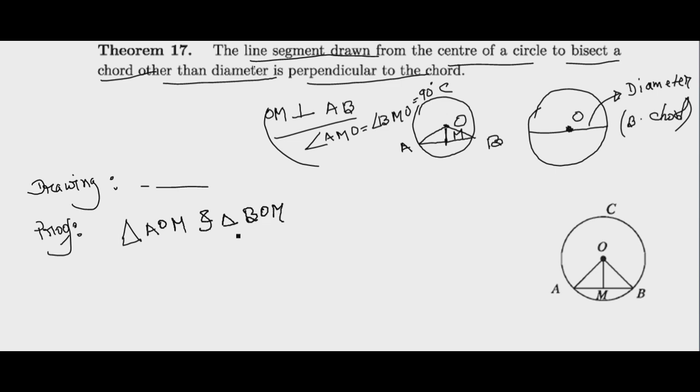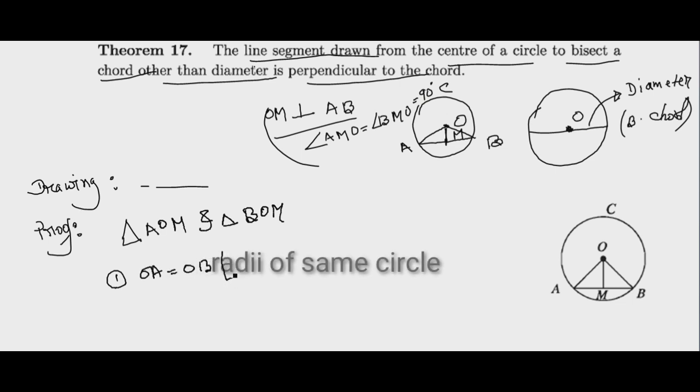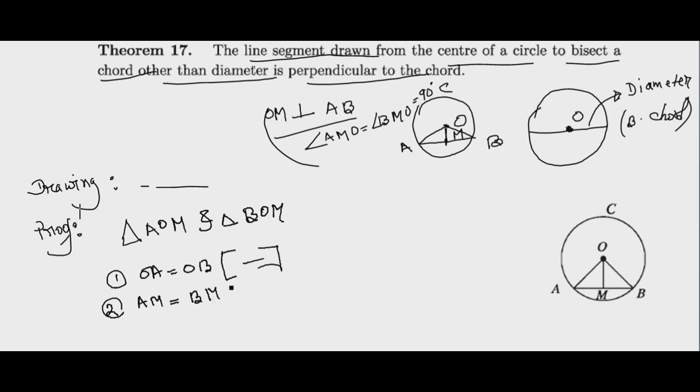Come to prove it. From triangle AOM and triangle BOM, we have OA is equal to OB. This is because they are the same radius of the circle. Second, we have AM is equal to BM.